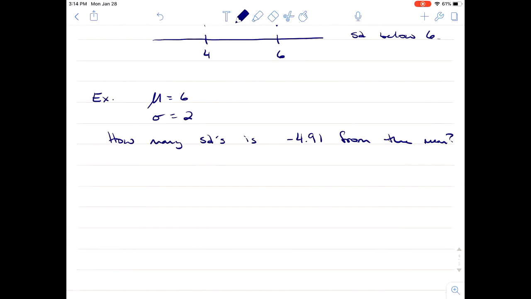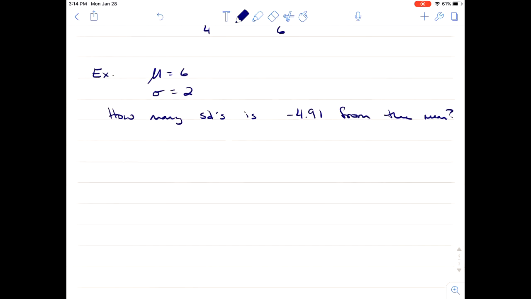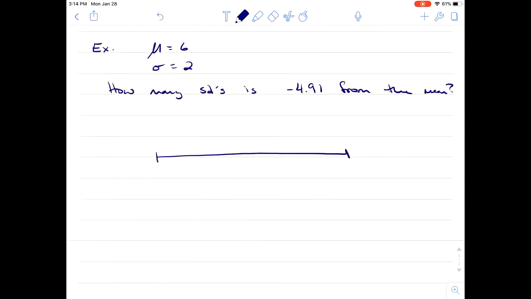Between 6 and negative 4.91, we want to find how many times I can fit 2 in here. We could go 6, down 2, make a notch, down 2, make a notch. It's not going to end up looking that nice though, right?